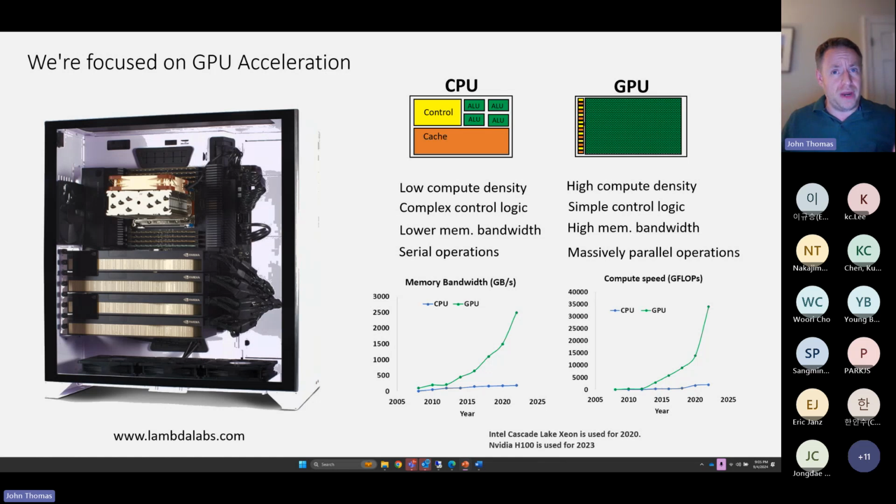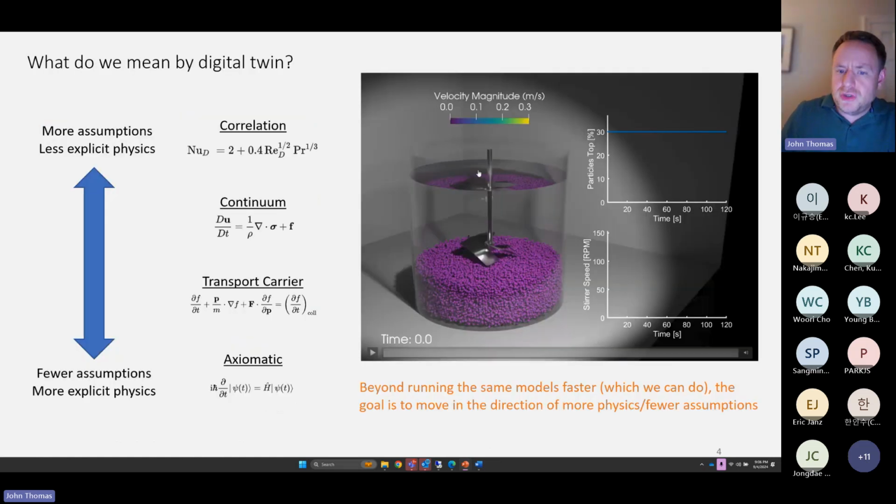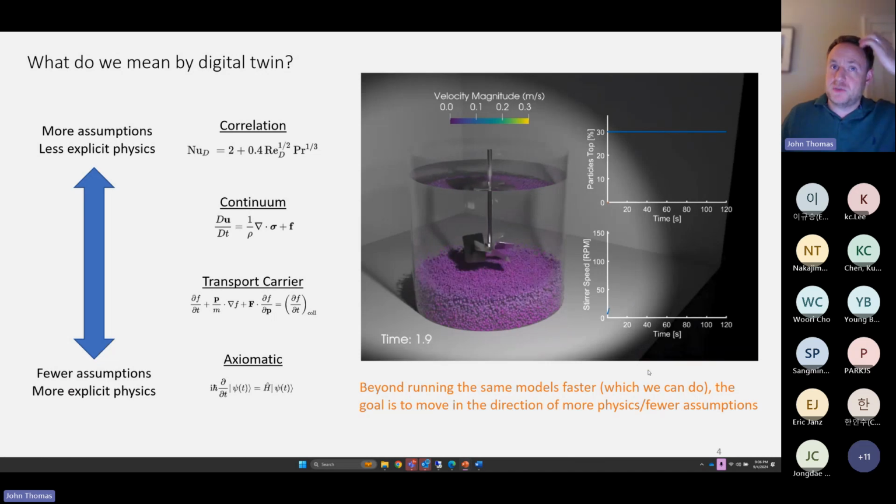And this is an important point because we're writing code that's designed to run on GPUs. As a consequence, MStar simulations typically run hundreds of times faster than conventional finite volume codes for CPUs because we're using GPU native algorithms and GPU architectures that allow us to run very quickly compared to conventional approaches. Now, what this allows us to do is track more physics explicitly.